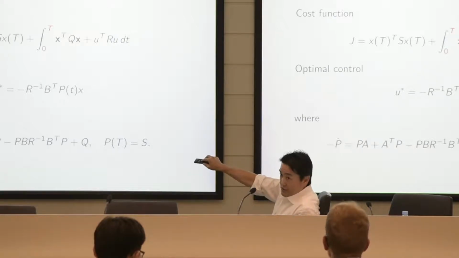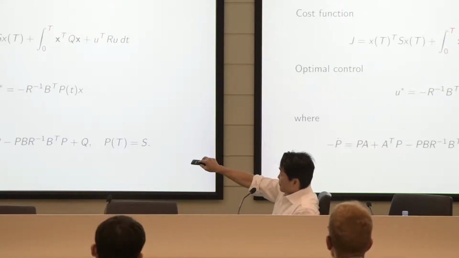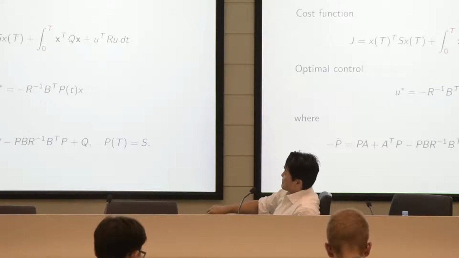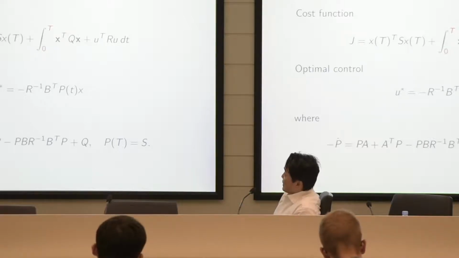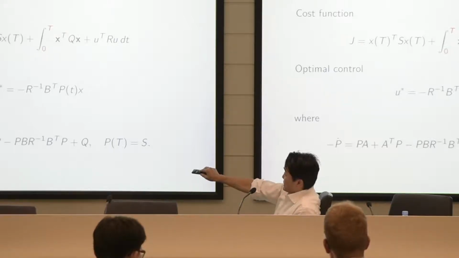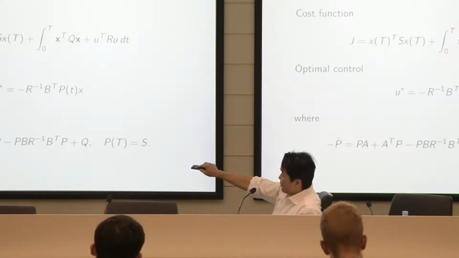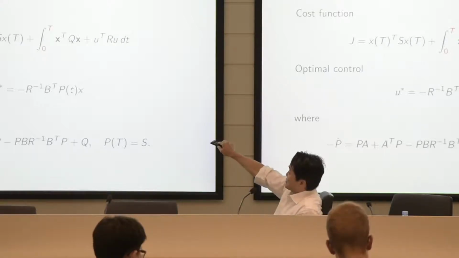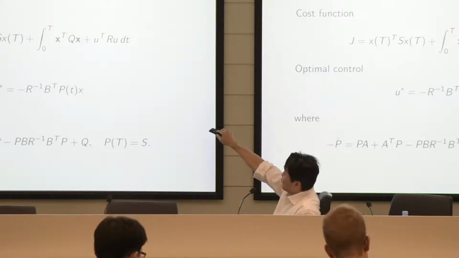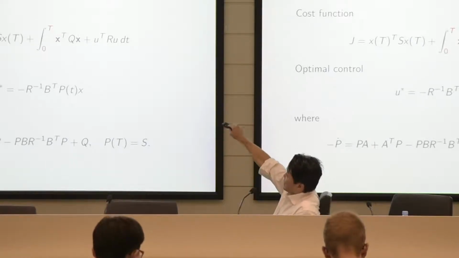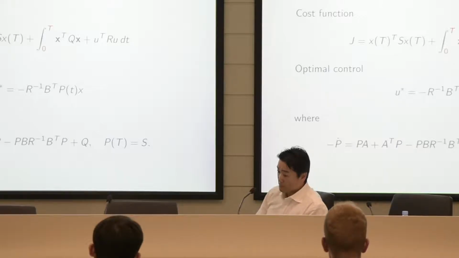The algebraic Riccati equation is when this side is 0, right? If you solve this, P is a function of t, and plug into here, the form is quite similar, but this P is time dependent. Then this is the optimal control for this finite horizon optimal control problem.